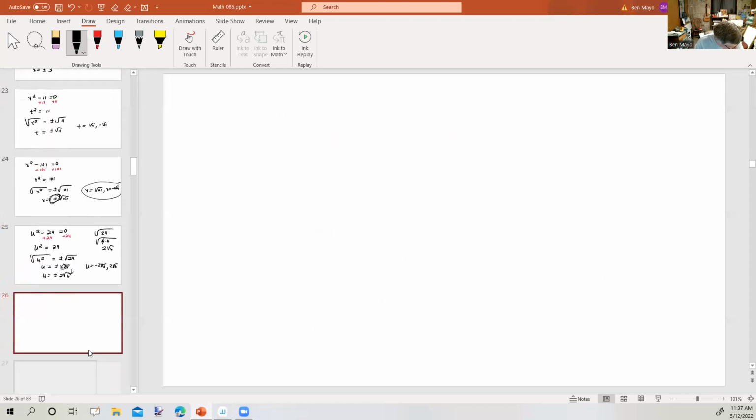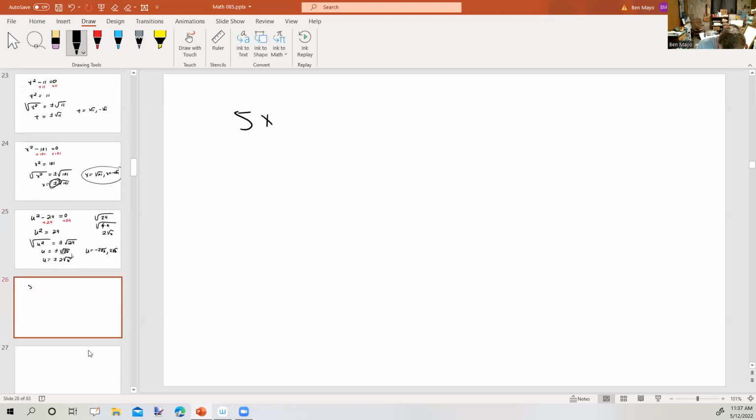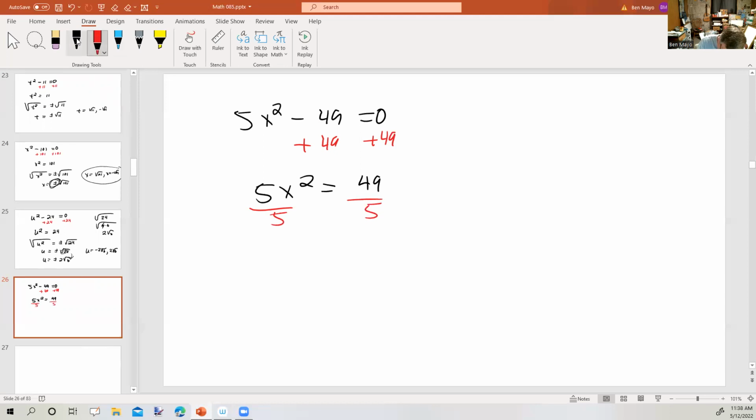All right. Let's take a look at this one. 5x squared minus 49 equals 0. So I'm going to add 49 to both sides of the equation. 5x squared equals 49. I don't have a perfect square on the left because 5 is not a square. So I'll divide both sides by 5.